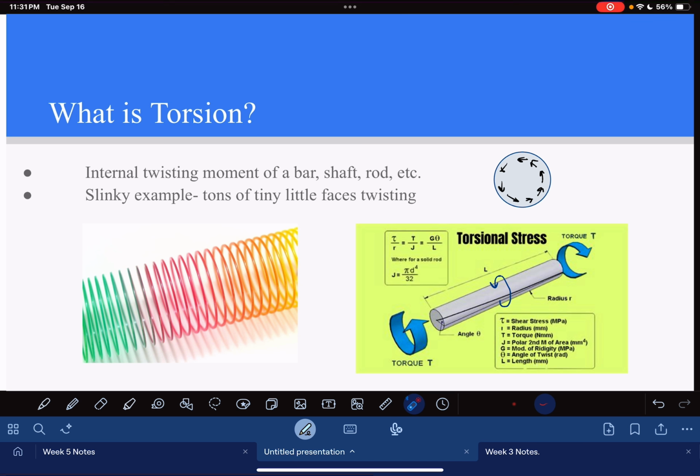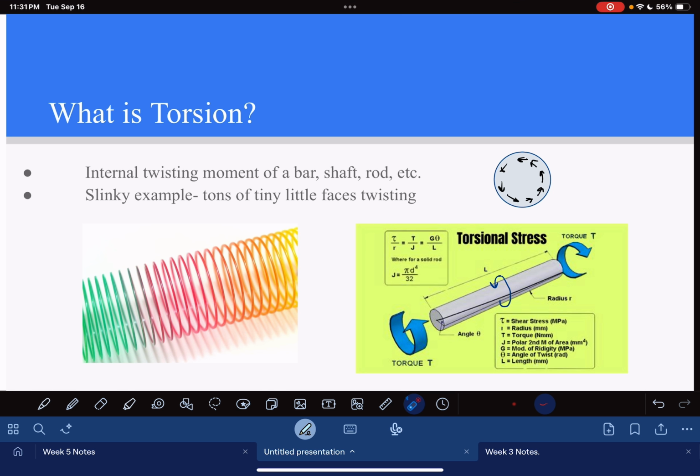Something to note is that torsion can also be a function of length. One example that makes sense intuitively is a slinky. Instead of a shaft, let's replace that shaft with a slinky. If you twist the slinky, all the little faces of the slinky are going to slide amongst one another.